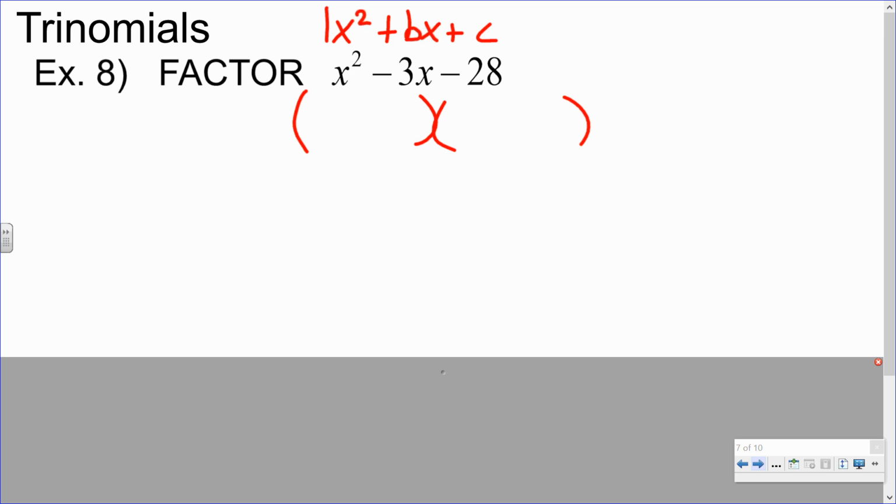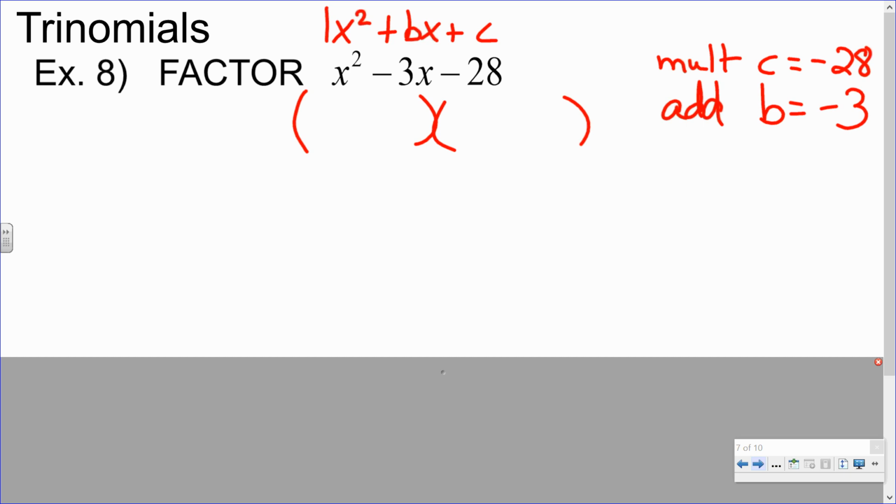Does anybody remember what we need to do to factor this thing? Find 2 numbers that multiply to what C would be, but add to what B is. And so C was -28 and B was -33.